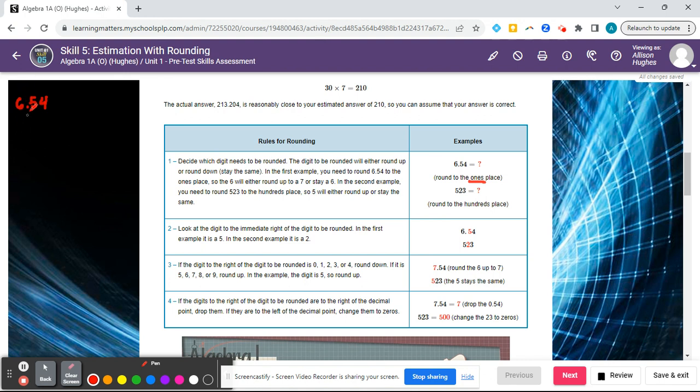Okay, so the ones place is that number just to the left of the decimal. And in order to decide whether we're going to round that number up or keep it the same, we need to look at the number just to the right of it. So we're going to look at that 5. You have to determine whether you're going to round up or you're going to keep it the same.